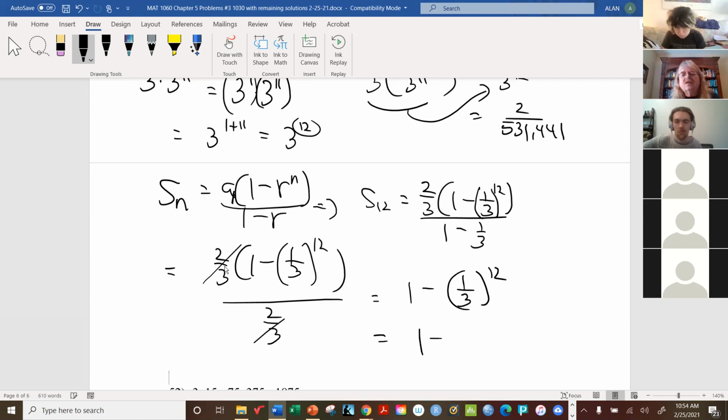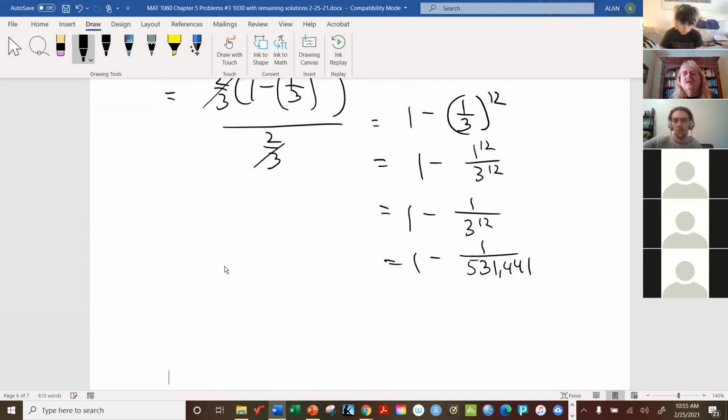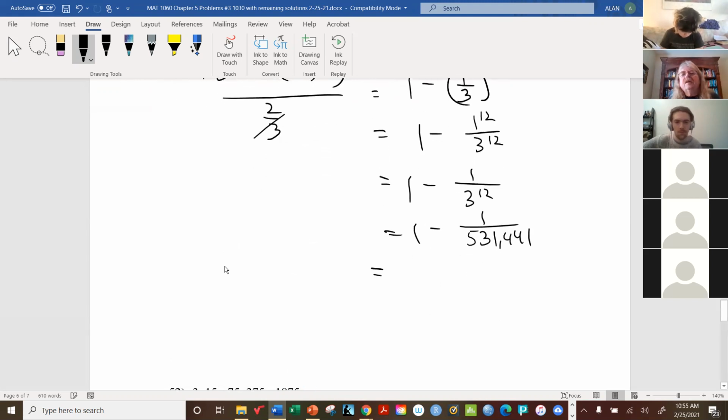So we can rewrite this as 1 minus 1/12 over 3 to the 12th. But 1 to the 12th is just 1. Okay, we've already seen that this is 531,441. And now look what we can do.